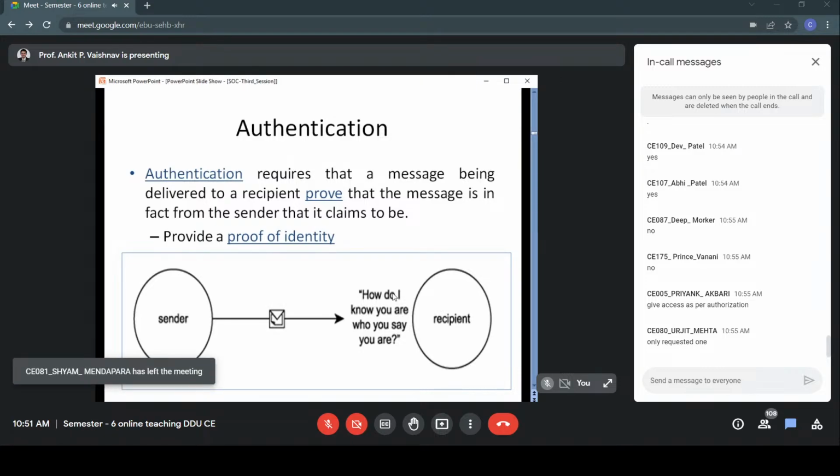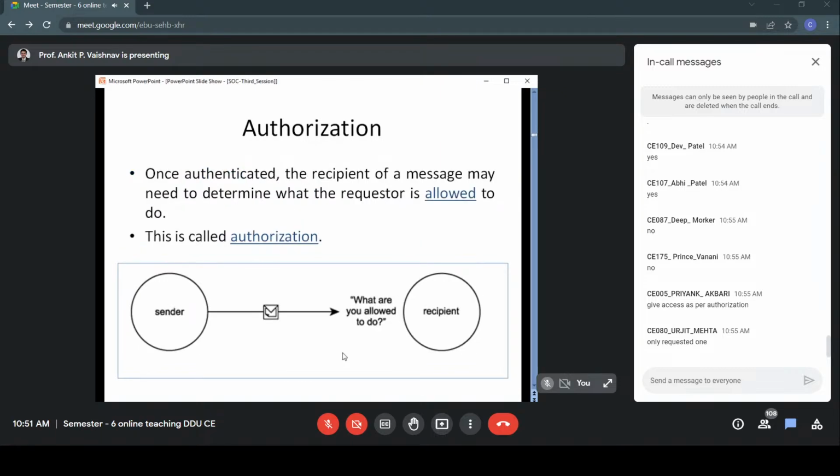So you check what kind of requirement that requester has, and based on that, you provide access to only a few services or only to the requested one. Yes, the requested one, as Urjit has written. Because if we expose everything, then again there can be security issues. So that is why the next step is known as authorization. You can look at the figure for an example.